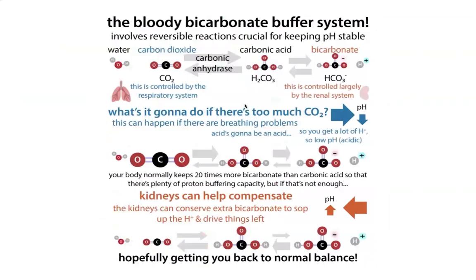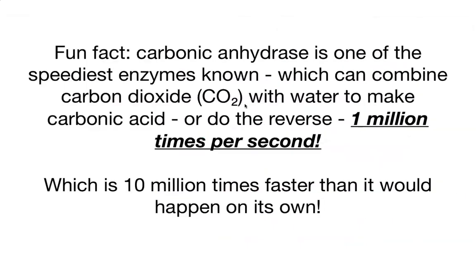So when your tissues are working hard, you're going to be producing carbon dioxide. This carbon dioxide is then going to react with the water with the help of this super duper cool enzyme called carbonic anhydrase. That carbon dioxide is going to react with the water to form carbonic acid and bicarbonate. And so, fun fact, carbonic anhydrase is one of the speediest enzymes known.